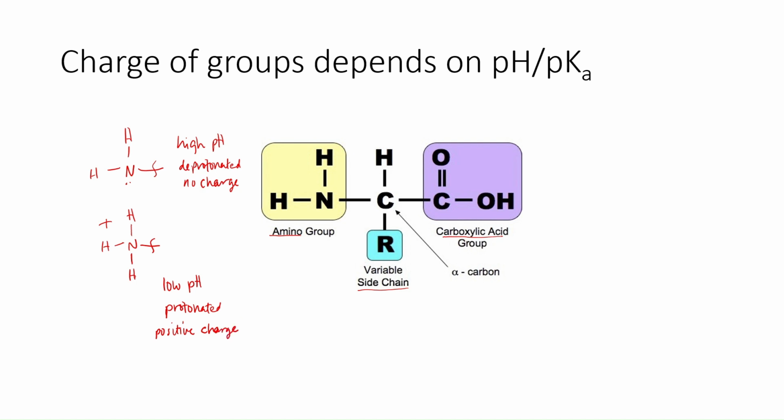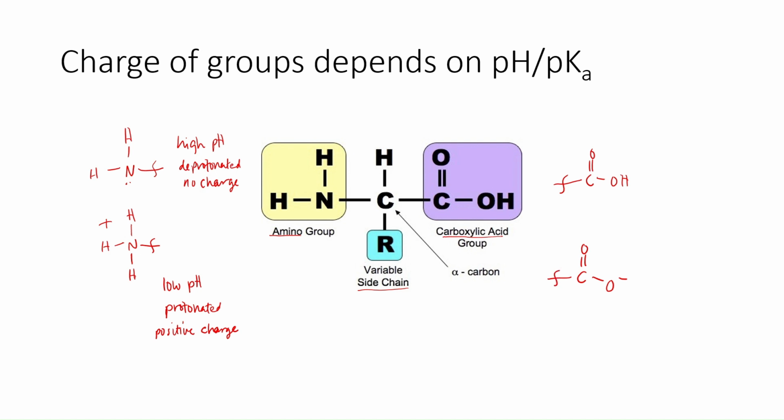So on the other side of the amino acid, we have our carboxylic acid group, which is attached to the rest of the molecule. That also has two forms, the carboxylic acid form and the carboxylate form.